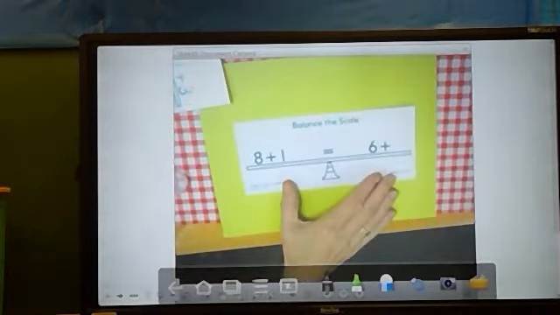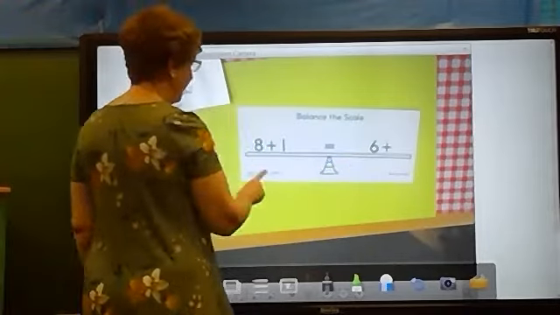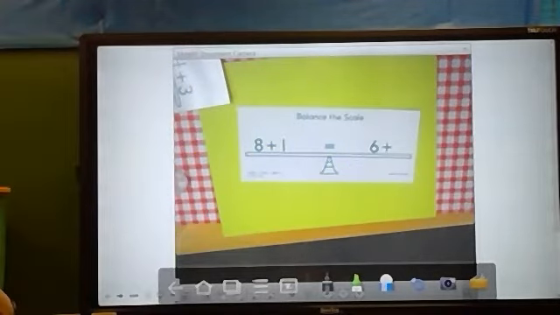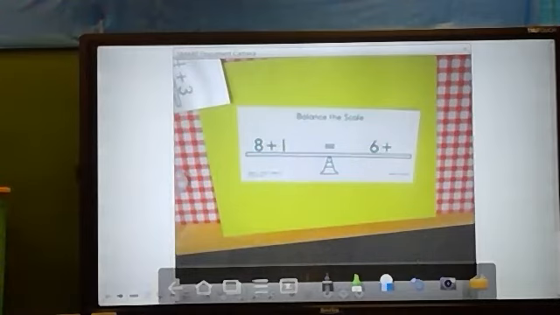All right, so in order to find out what's missing over here, I have to solve what's on the left-hand side of the equal sign first, okay? So 8 plus 1 is 9. 6 plus what number is 9? What is 6's partner for 9?